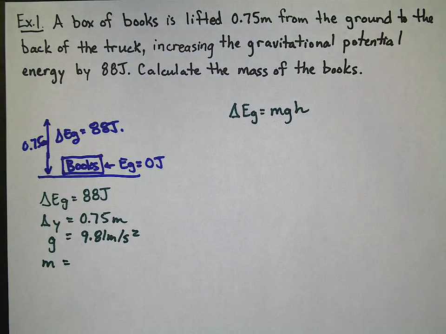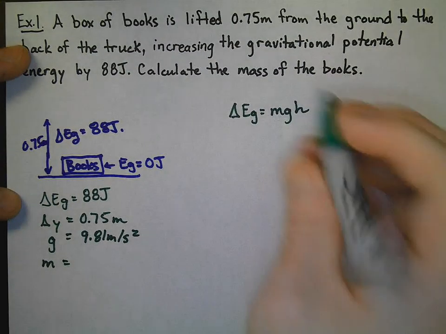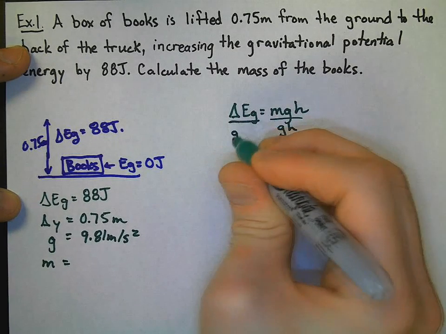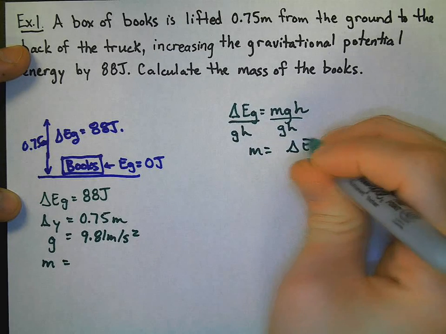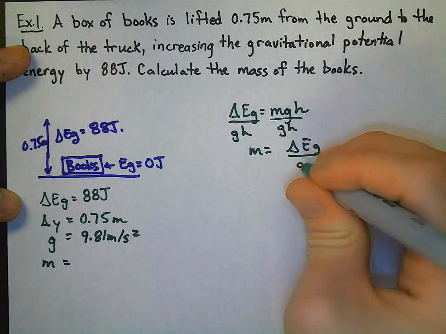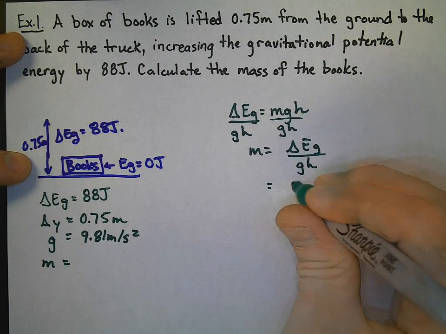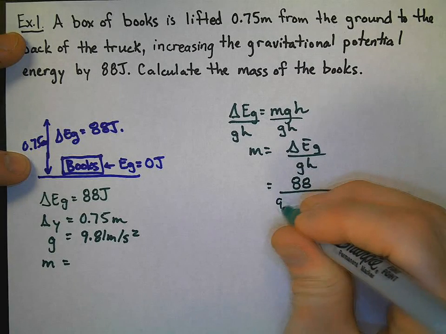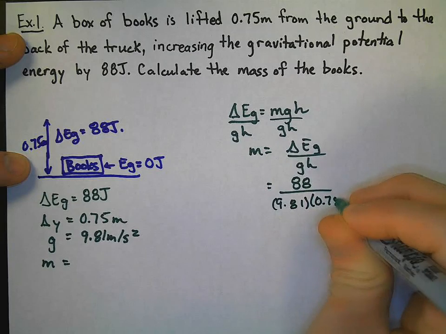It's the same thing in this case. We're looking to solve for m, so we must divide by gh on both sides of my equal sign. So the mass will be the change in gravitational potential energy over gh. That will be 88 all over 9.81 times 0.75.